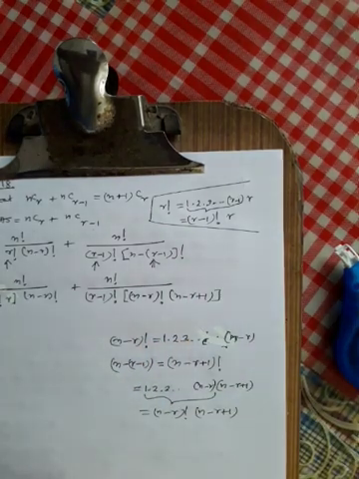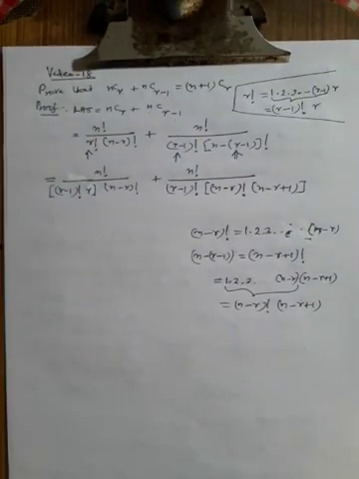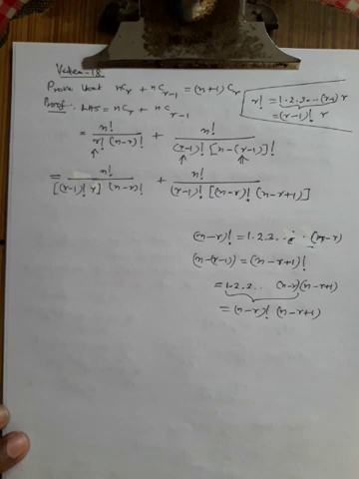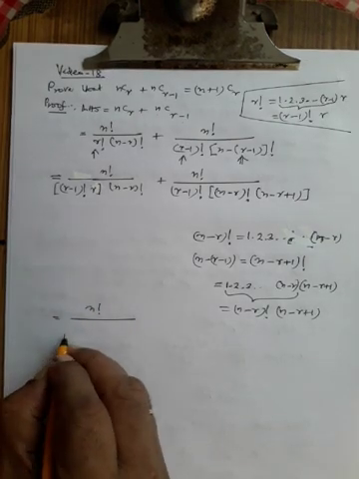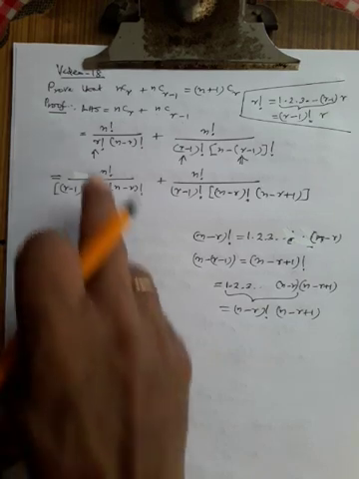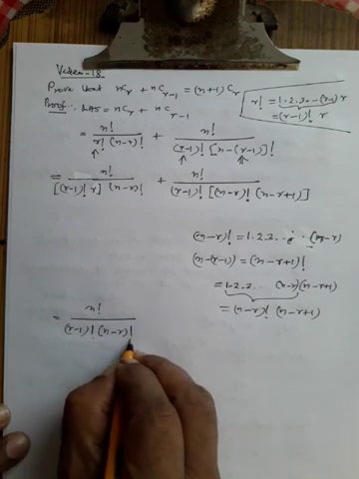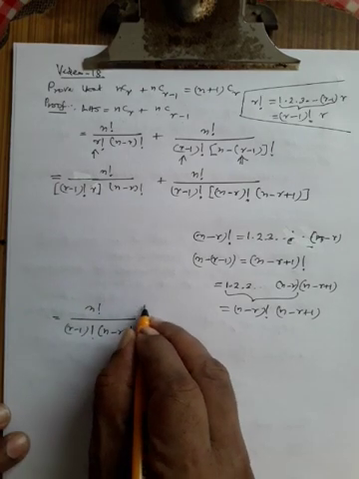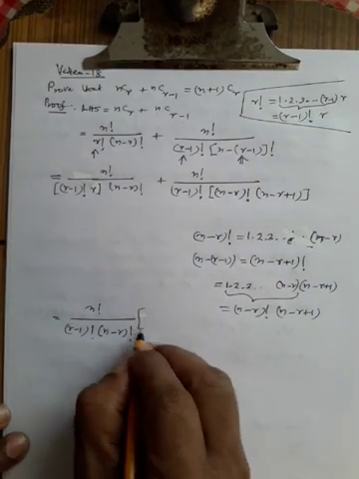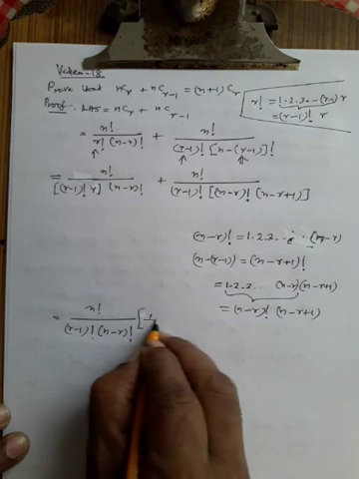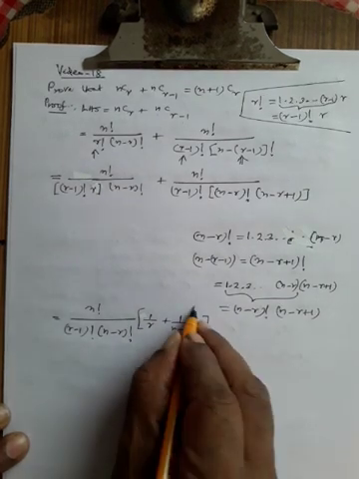Now we can take the common factor. What is common there? n factorial is common, (r minus 1) factorial is common, and (n minus r) factorial is also common. So what is inside the bracket? 1 by r plus 1 by (n minus r plus 1).